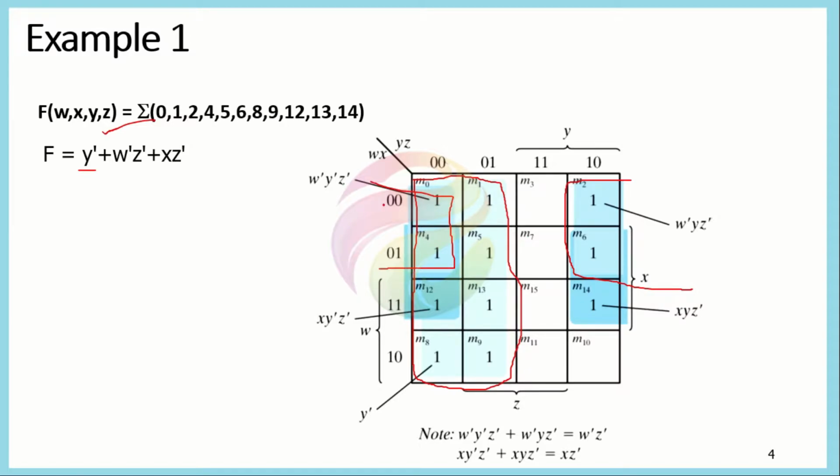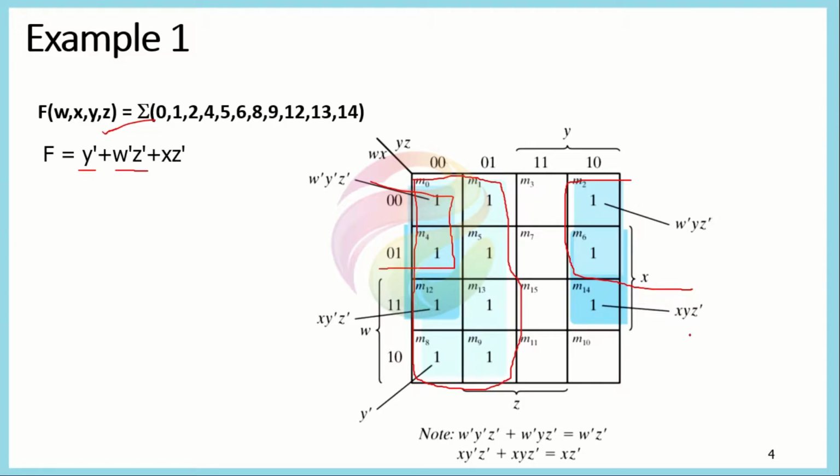If we represent them in the form of min terms, because the value of W remains the same, we will keep it. X is changing, so we will ignore X here. Similarly, Y is changing here, it's 0 here and 1 here, while Z is constant. So we will represent it as W complement Z complement.